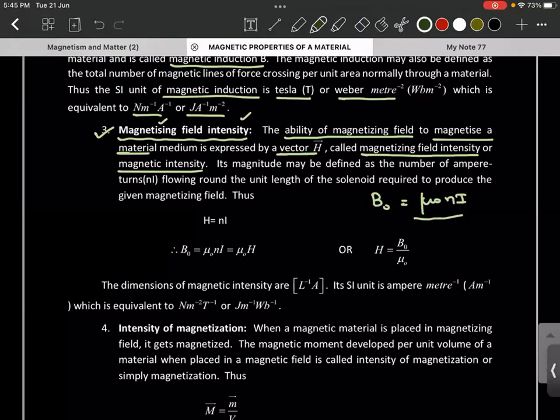The standard formula for magnetizing field depends on what kind of a material you're using.